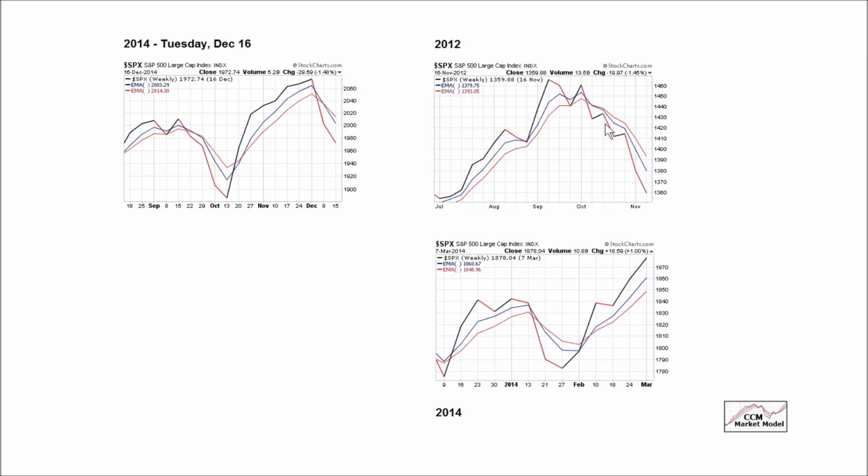In this case, this type of profile did result in further declines. In this case, this type of profile did not. Something changed here and the market rallied. So the look of this chart on Tuesday, December 16th is based on the known information on Tuesday, December 16th.